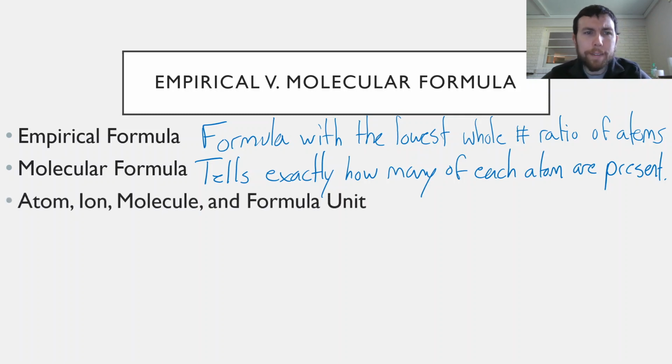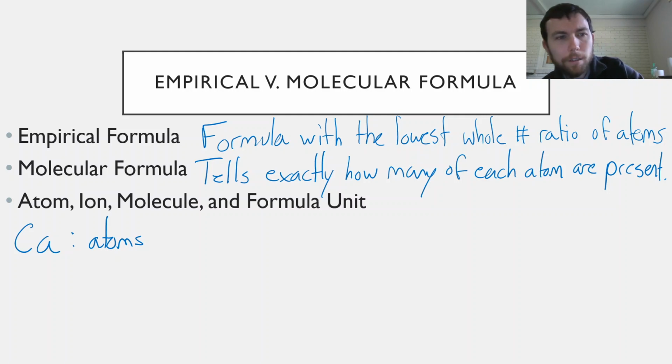Now, we've also got these terms. You've got atoms, ions, molecules, and formula units, right? And they each have their own unique place. So remember, we talk about particles. At the particle level, we would say something is an atom if it's just an element from the periodic table, specifically if it's a monatomic element. So something like calcium, for example, we would say that that's made up of atoms. Now, if I talk about an ion, that's something like calcium 2+.